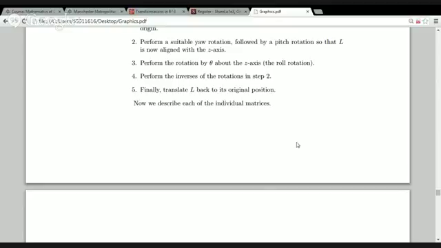So v is going to be the square root of dx squared plus dz squared. Okay, so everything in this matrix comes just from the data.